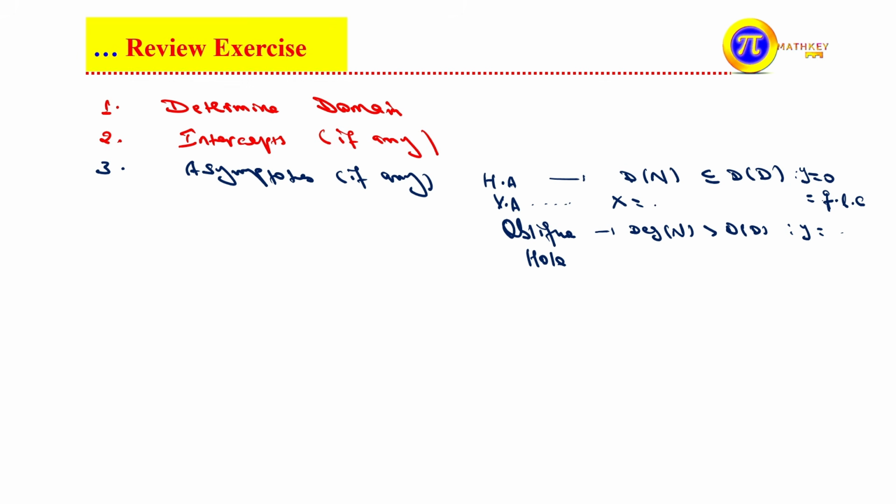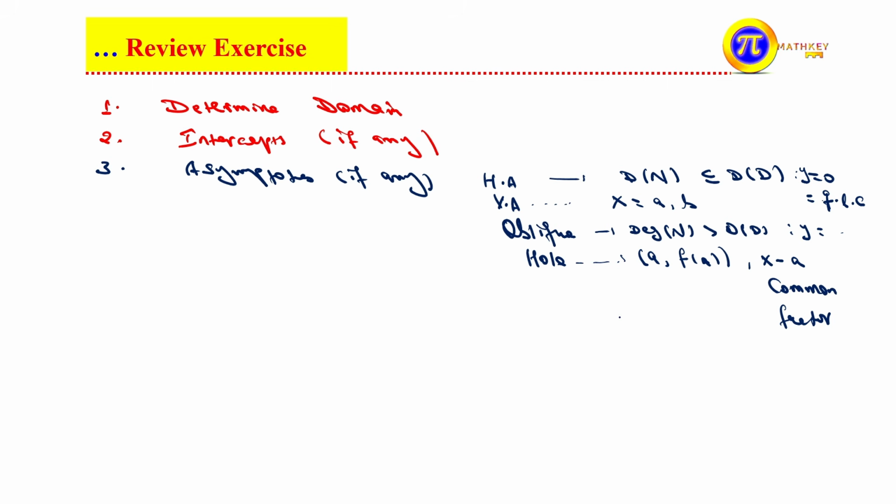That value a or b becomes a vertical asymptote. A hole means you have a common factor that cancels: if x minus a is a common factor of both numerator and denominator, then it is a hole, and the graph doesn't include this point.